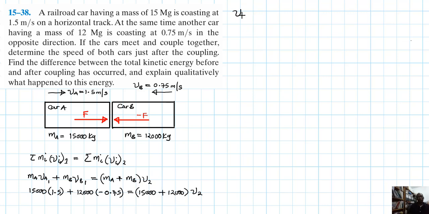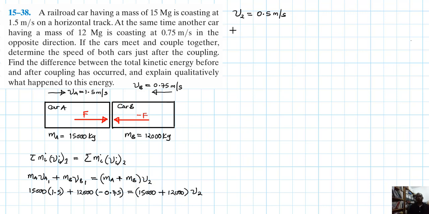So making V2 the subject of the formula, we'll have 15,000 by 1.5 minus 12,000 by 0.75, divided by 27,000. This gives us 0.5 meters per second. So this is V2. Now we are being asked to find the total energy before and after the coupling.